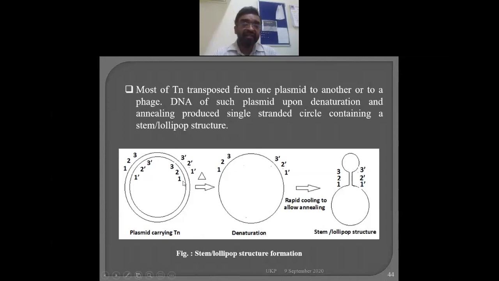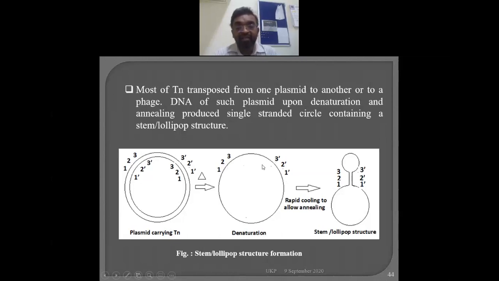But the single strand is not a constant one. It always tries to make a bond with another complementary sequence. Here there is complementation, because 1 2 3 is present, and the inverted repeat 3 2 1 is present. I already gave the meaning of inverted repeat in the previous case. So what happens?